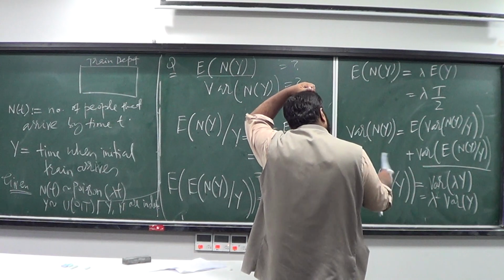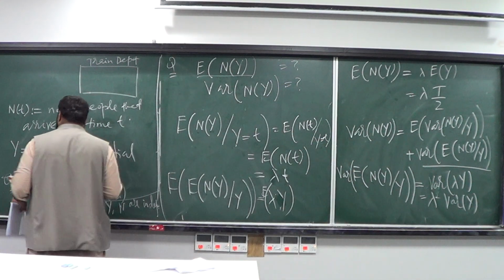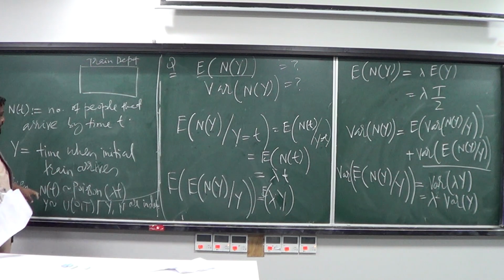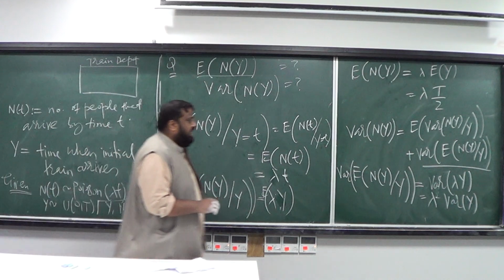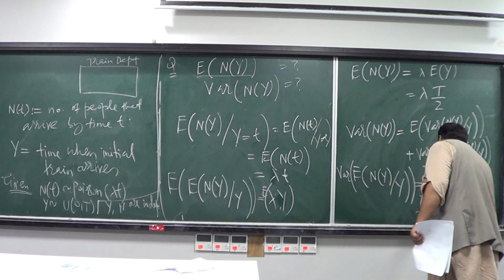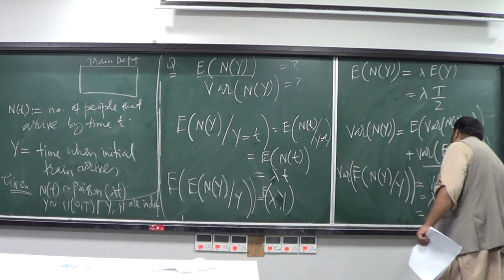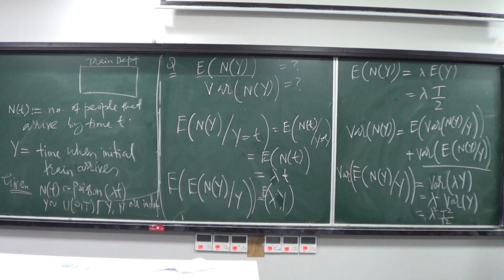And what is the variance of Y? Y has a uniform distribution over the interval 0 to t. So the variance of this is going to be lambda square t square by 12, since the variance of a uniform distribution is (b minus a) square over 12.